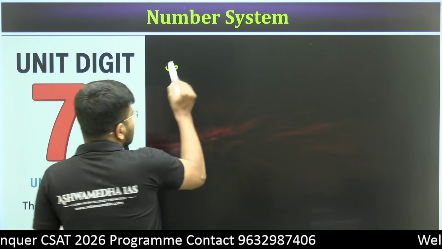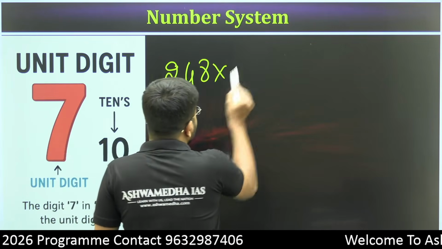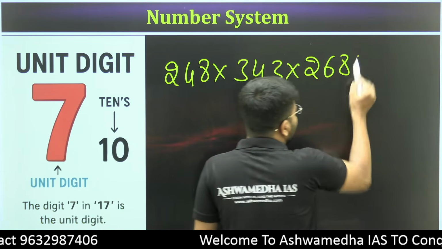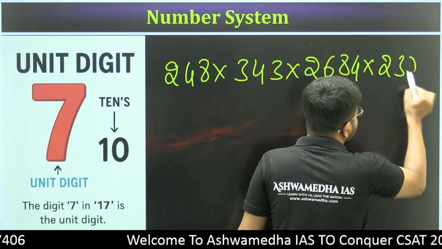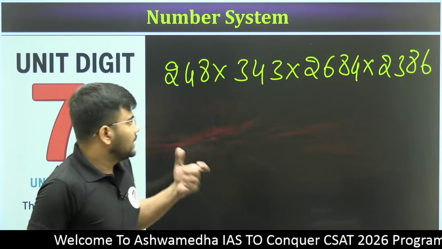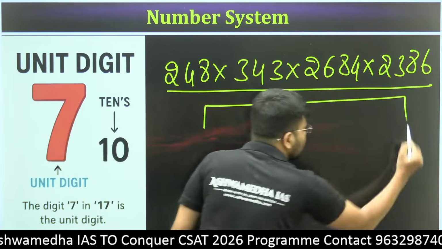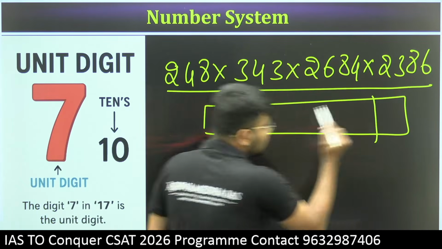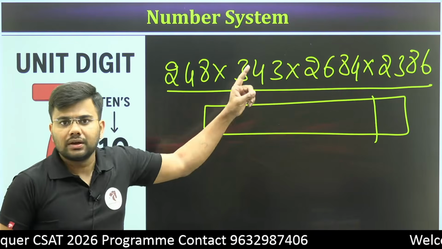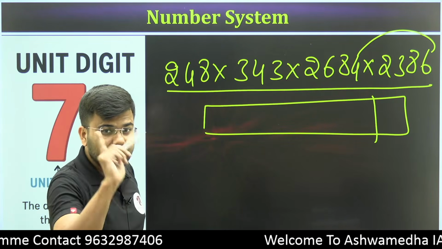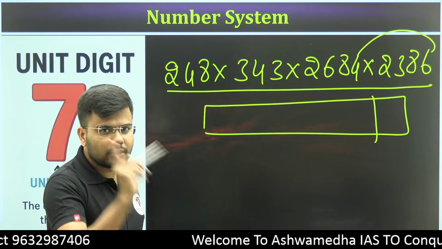So now if it is 248 into 343 into 2684 into 2386, and you're supposed to find the unit digit of this product, what are you supposed to do? Just multiply the digits in the unit place. That is, 6 fours are what? 24. What is the unit digit in 24? 4.